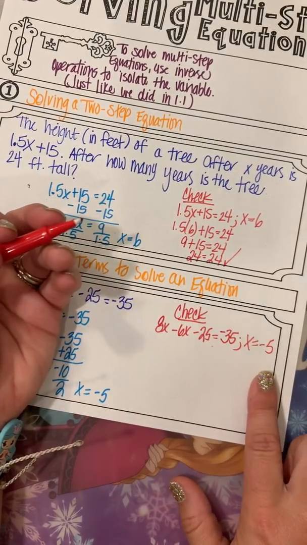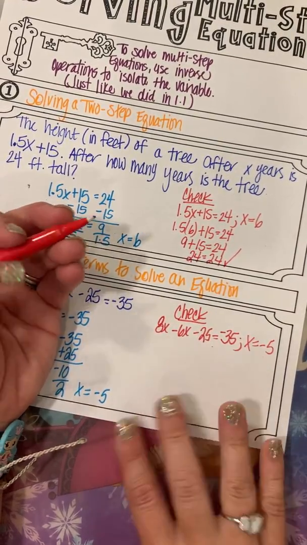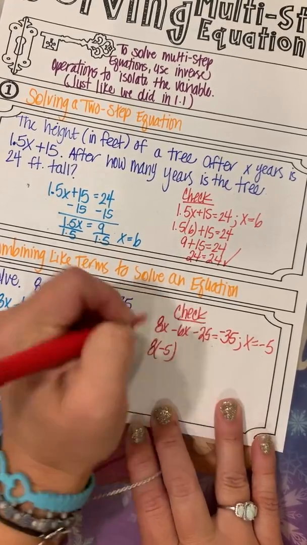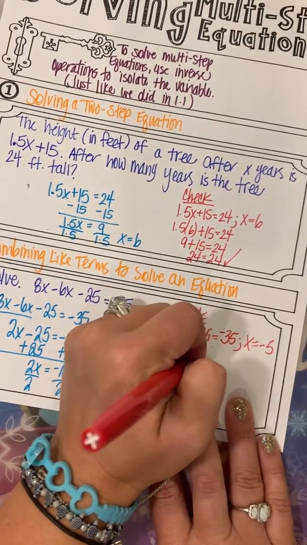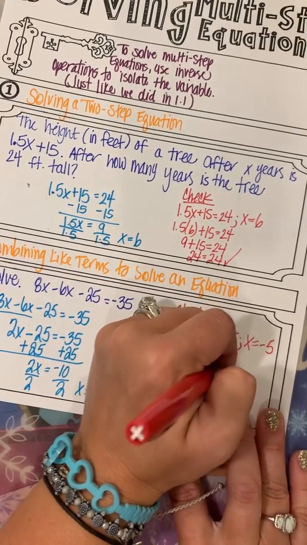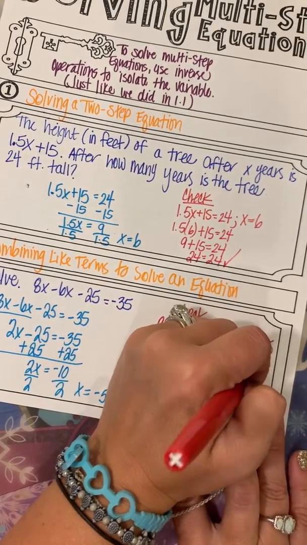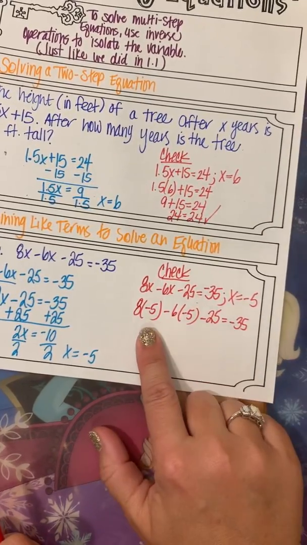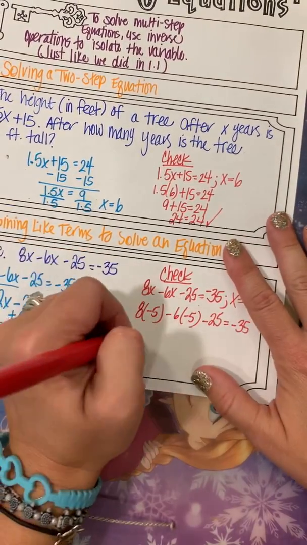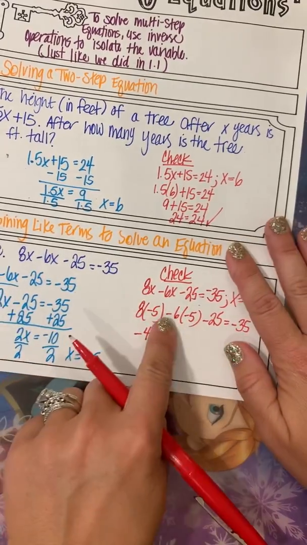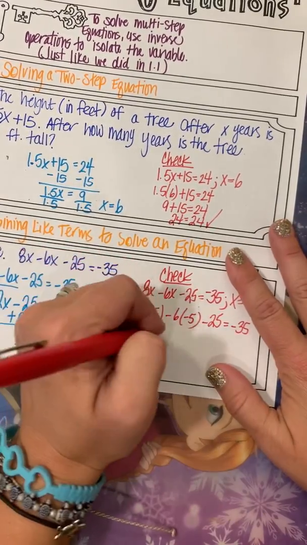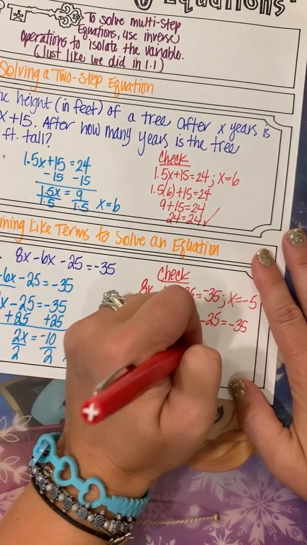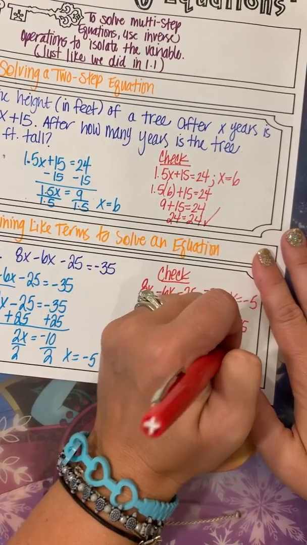My next step is to substitute that in for all of those x variables. So I have 8 times negative 5 minus 6 times negative 5 minus 25 equals negative 35. 8 times negative 5 is negative 40. Negative 6 times negative 5 is positive 30. And minus 25 equals negative 35.